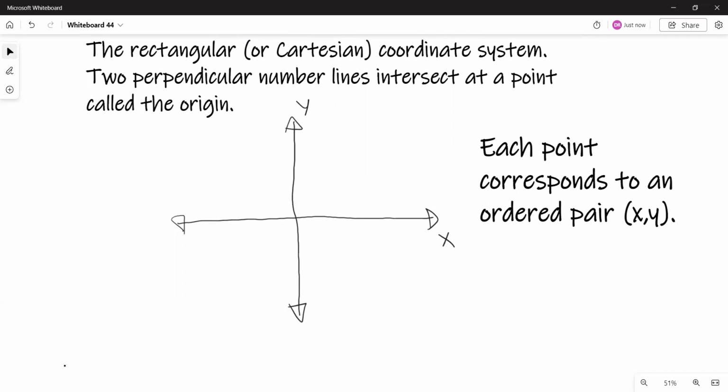So both lines are going to intersect at 0 of each line.